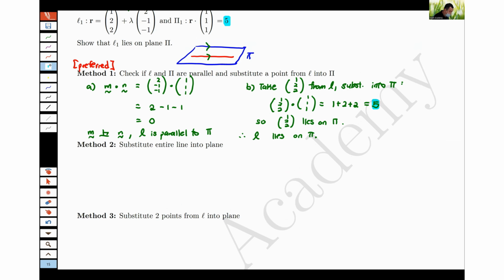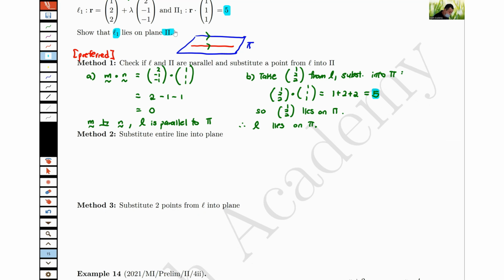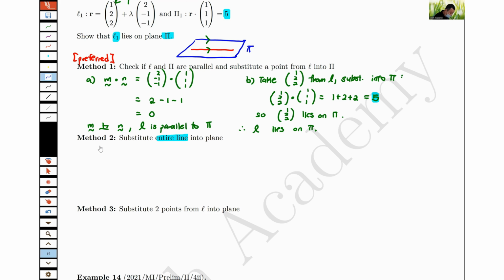If you want to show directly that a line is on the plane, you could actually substitute the entire line into the R. This means that for the L equation, I can combine into one vector first and replace to this R. Combining means we write in both vectors into one. This is my L equation. Combine into one vector and I substitute into pi.